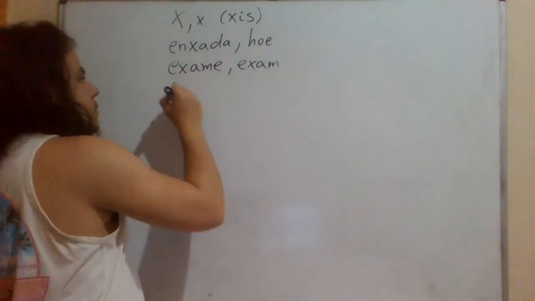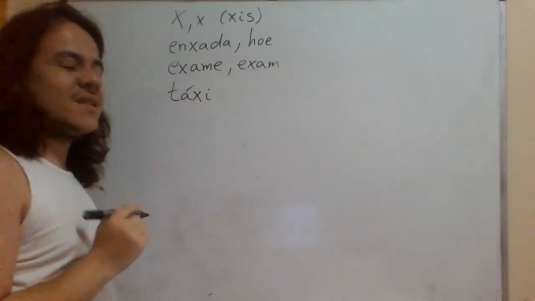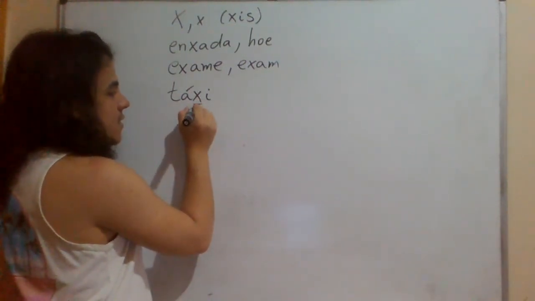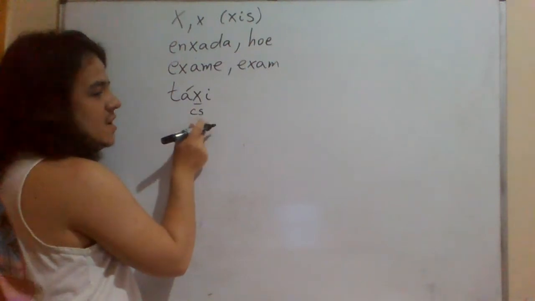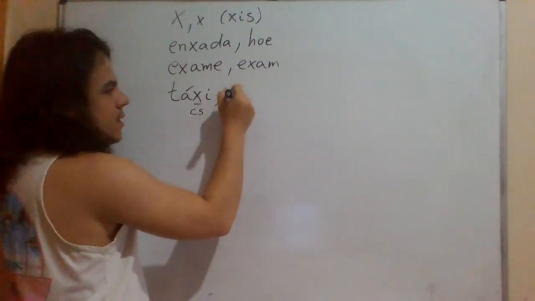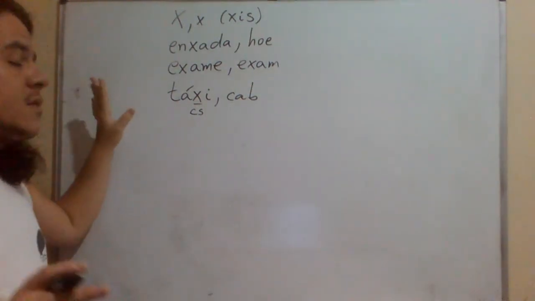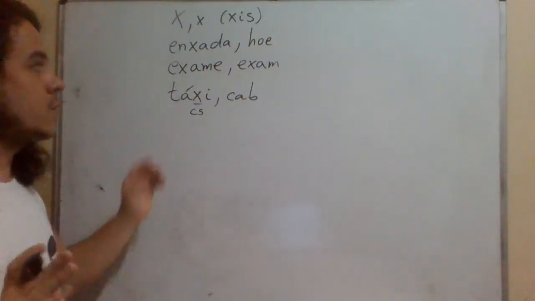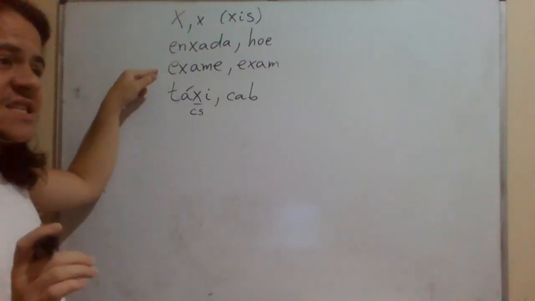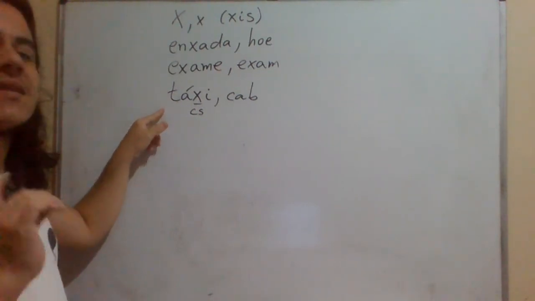For example, taxi. So here, letter X has this sound of cs, taxi. It means cab or taxi. So letter X basically can have these three sounds: sh, enxada, z, exame, and cs, taxi.